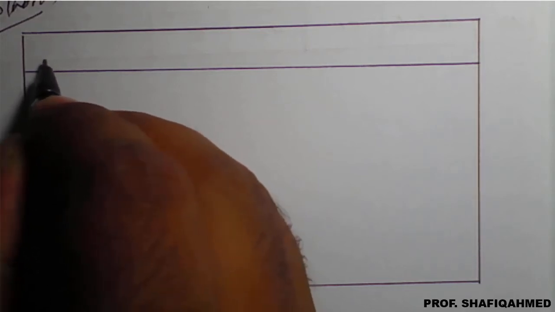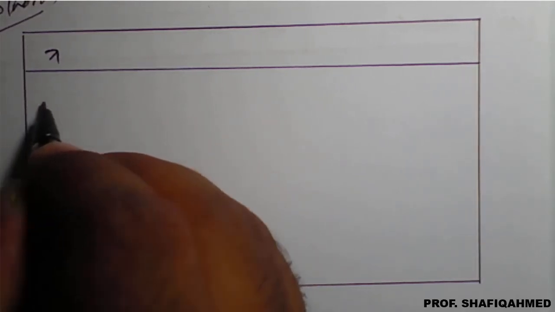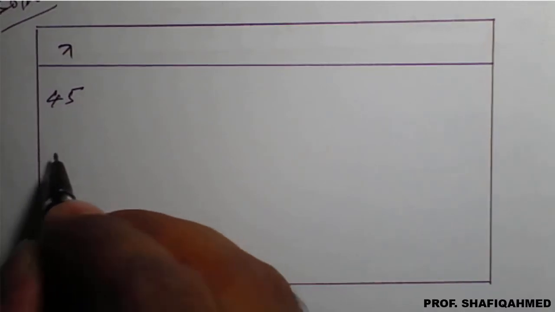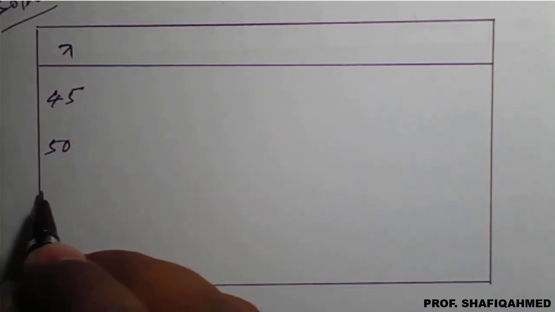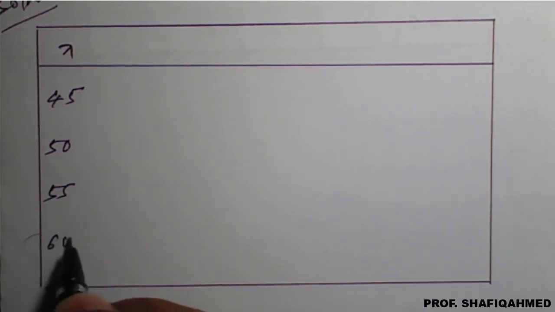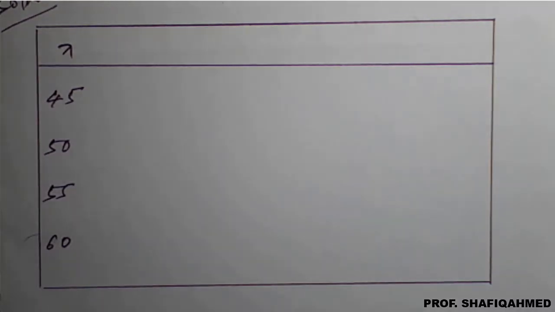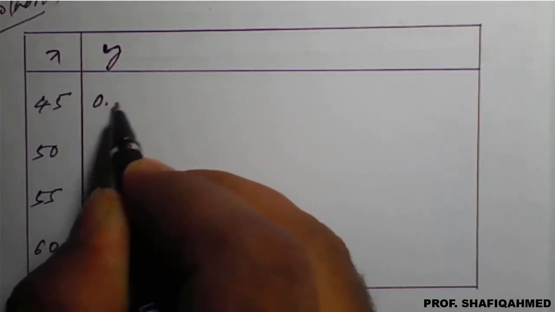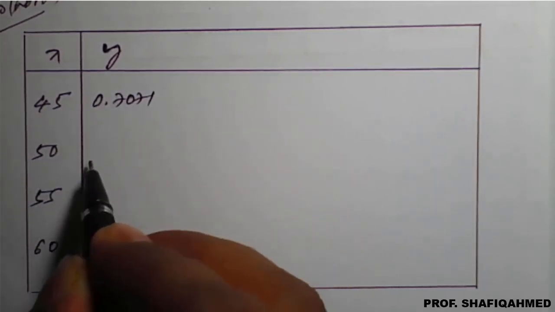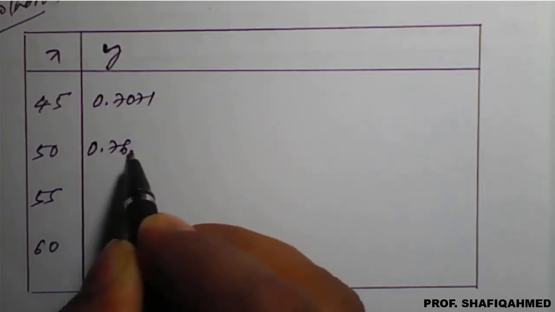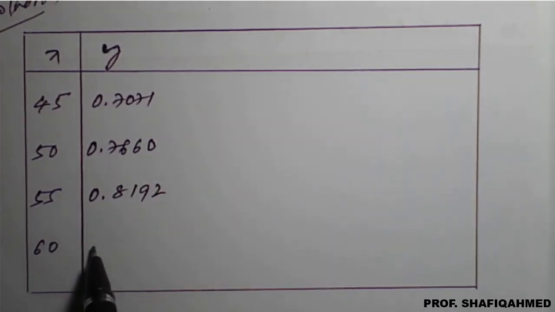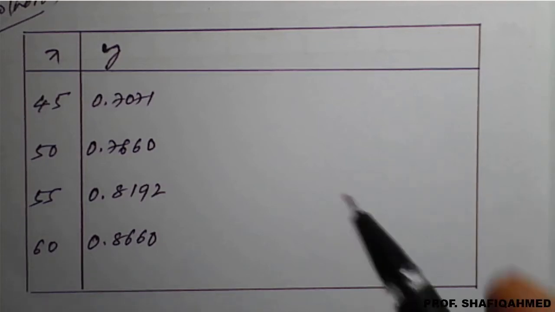So we'll consider x values are 45, 50, 55 and 60, and similarly y values are 0.7071, 0.7660, 0.8192, 0.8660. So these are the values of y now.